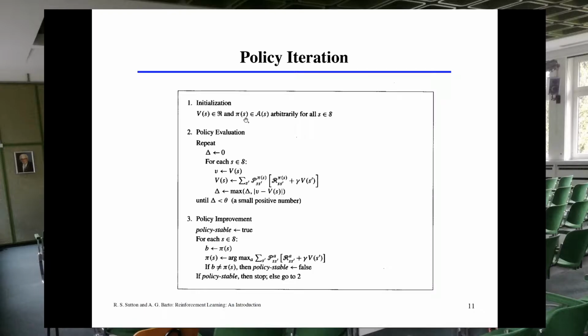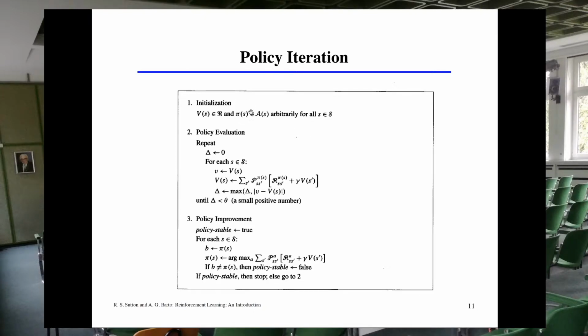Okay, so here in this step you will say, okay, for state 1 I will assign action go right, for example, and for state 2 I will assign action go left, and for state 3 I will assign action go right. So arbitrarily, randomly, you just assign a possible action to this policy.